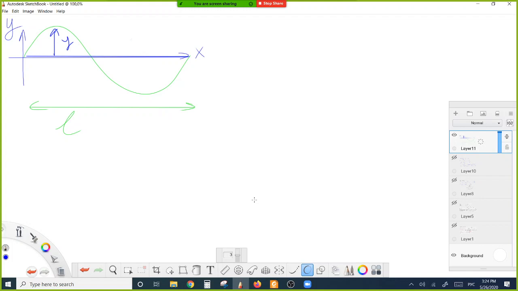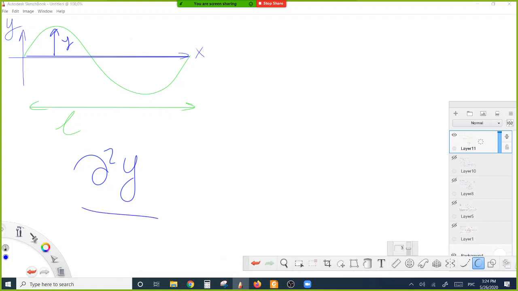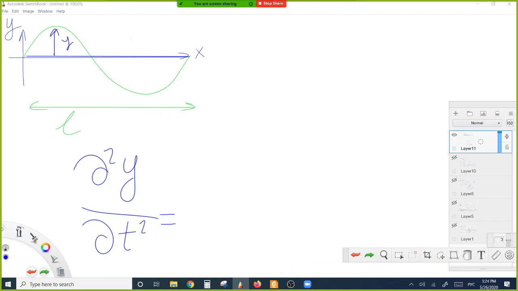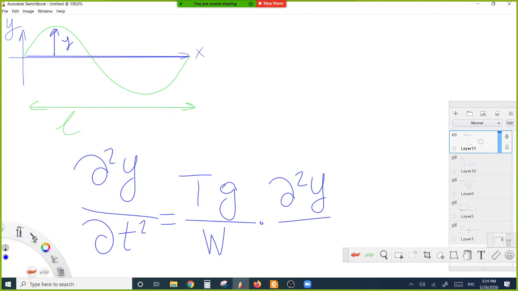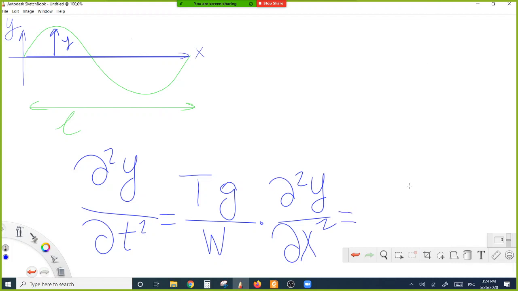The equation of motion of the string in this case is d squared y over dt squared equal to T g over w multiplied by d squared y over dx squared, or instead of this we can write v squared, where v is the speed, or velocity, doesn't matter.